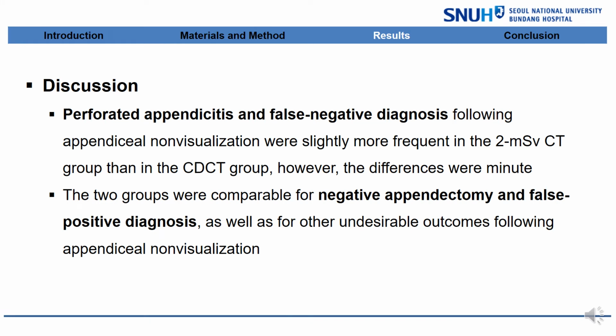Perforated appendicitis and false negative diagnosis following appendiceal non-visualization were slightly more frequent in the 2 millisievert CT group than in the conventional CT group. However, the differences were minute. The two groups were comparable for negative appendectomy and false positive diagnosis, as well as for other undesirable outcomes following appendiceal non-visualization.